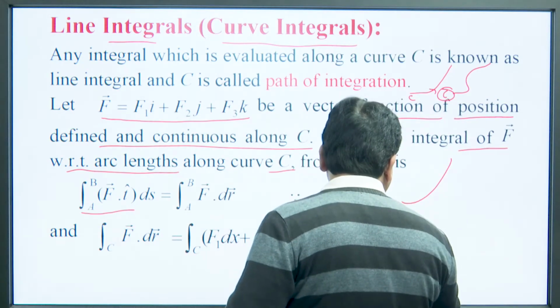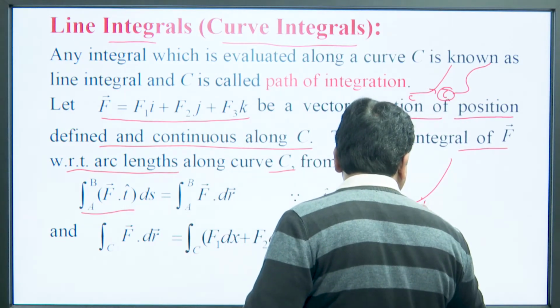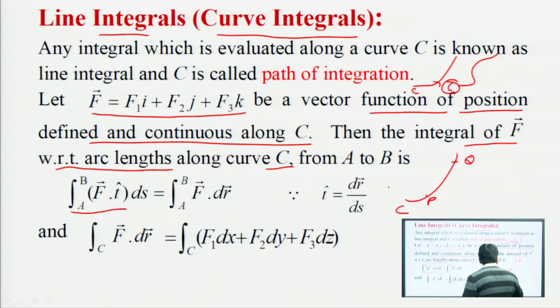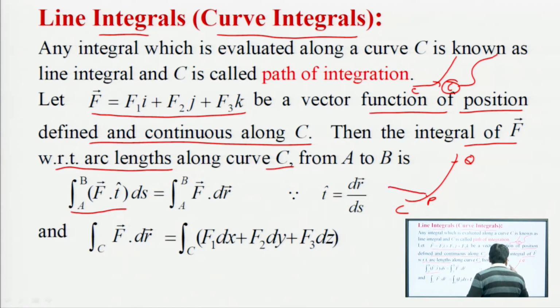Here, if we see, this is the curve c, this is the point p and this is point q. This is vector r, this is r plus delta r, and this chord p q is delta r.